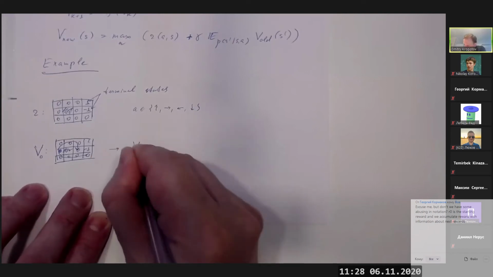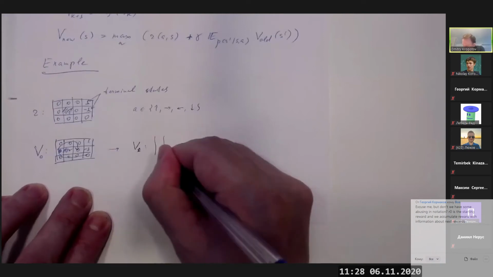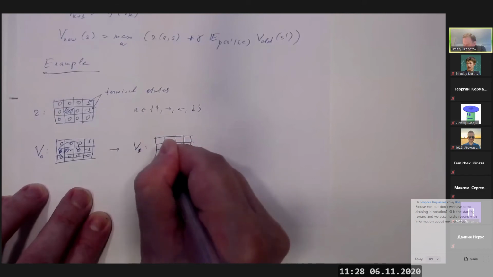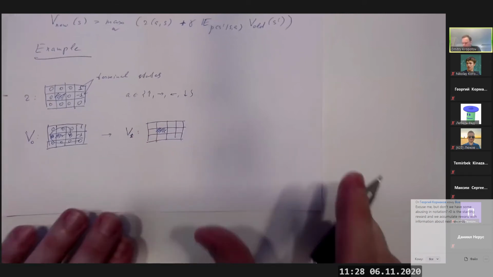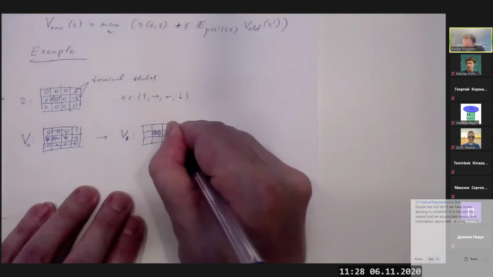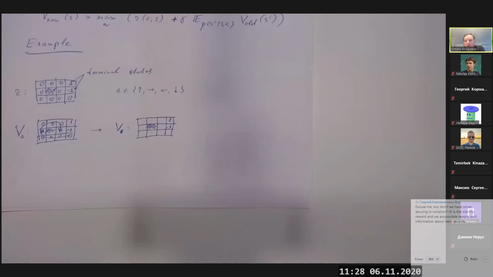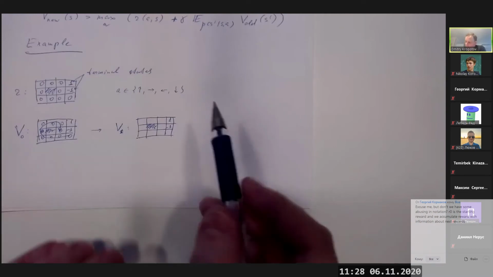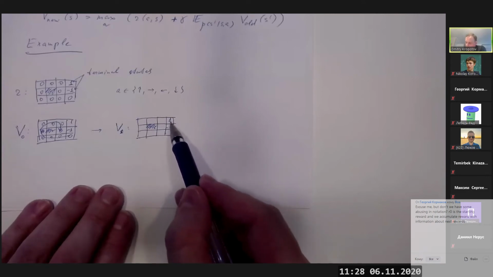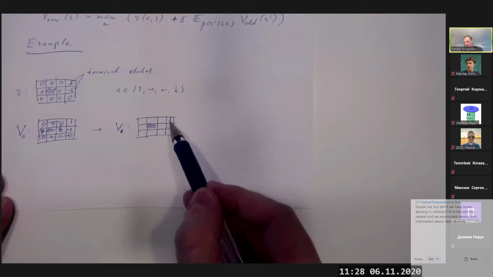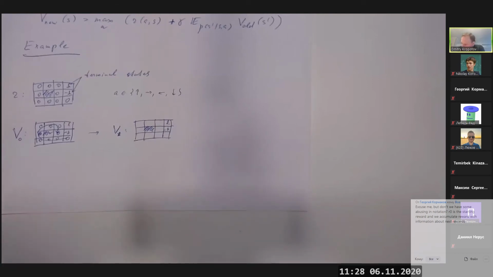So having v0, we would like to calculate v1. Here are two terminal states. It means that for sure our v function is always equal to the reward in these terminal states, because we are not able to move anywhere. So our v will be -1 and +1 here.